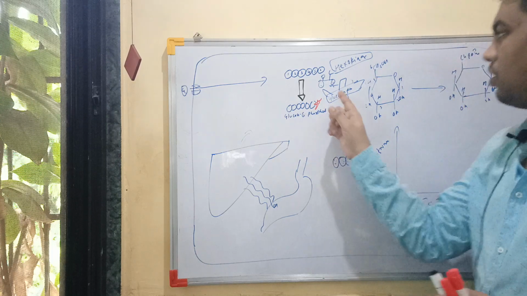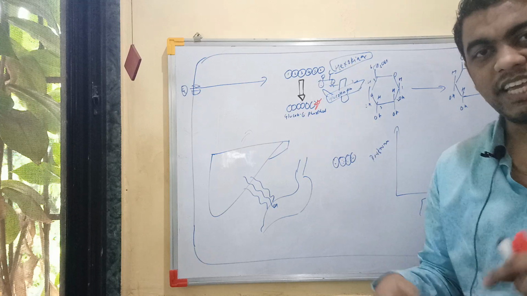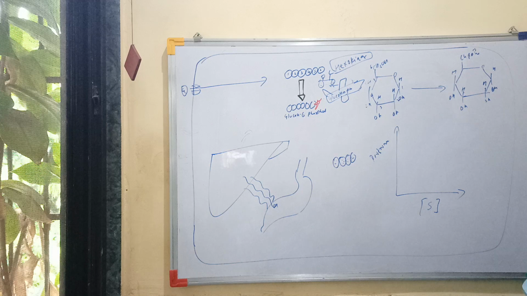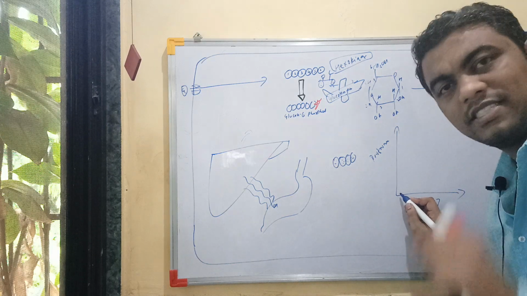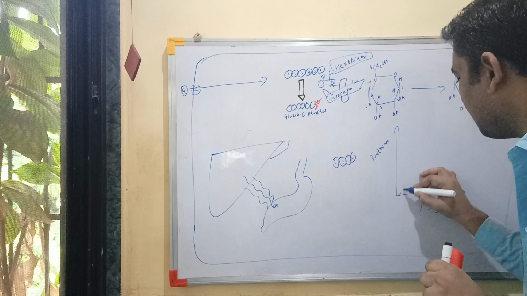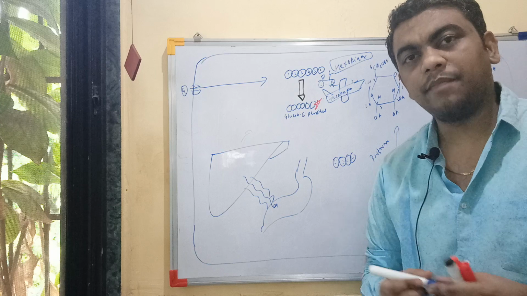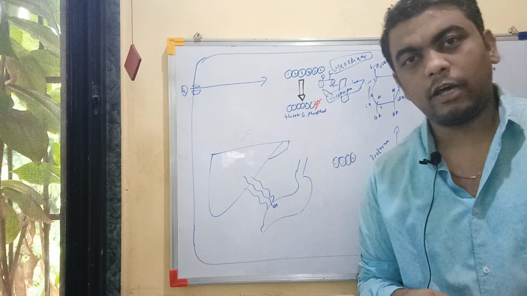So when we talk about hexokinase, our bike guy, our bike enzyme, what will happen to it? As glucose is increasing, the activity is increased. But suppose there are 10 people, do you think this bike will be able to work now?